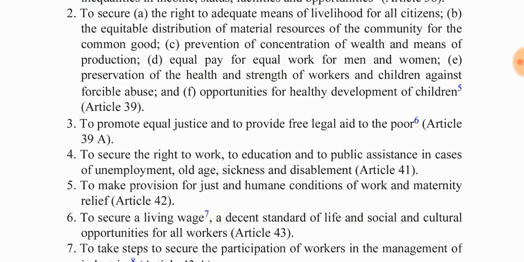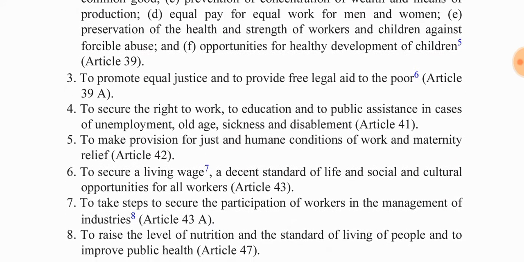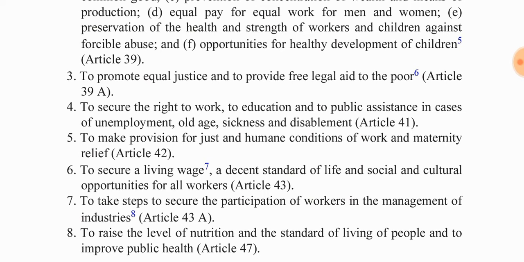Then comes to secure the right to work, to education and to public assistance in case of unemployment, old age, sickness and disablement as in Article 41. Okay, so then they also direct to secure a living wage, a decent standard of life and social and cultural opportunities for all workers as in Article 43.